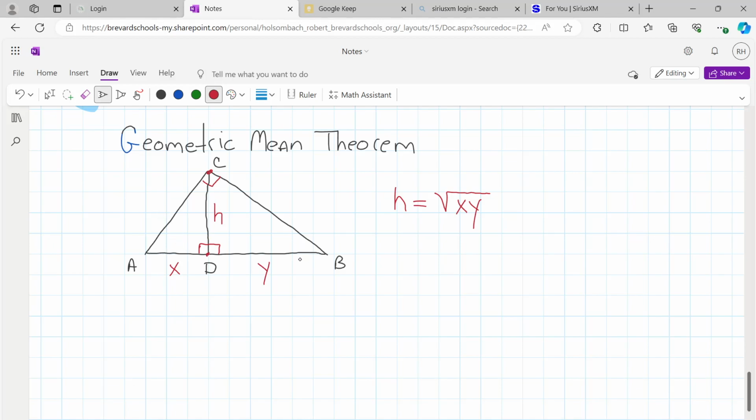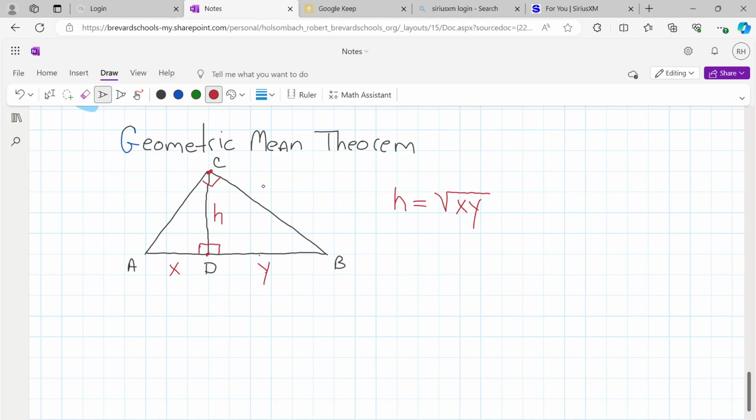But when we drew in this altitude to the hypotenuse, we created two segments. So the length of this altitude is equal to the square root of the product of those two segments. Second part of the geometric mean theorem.